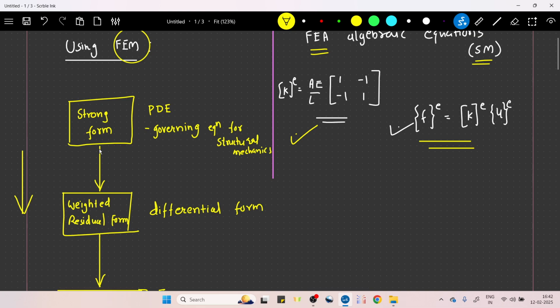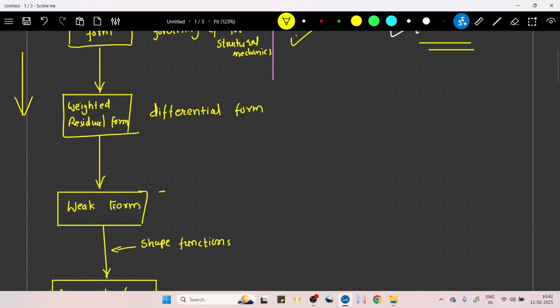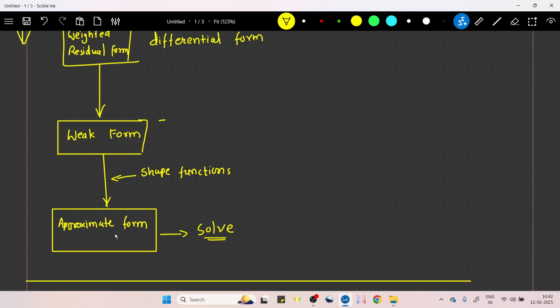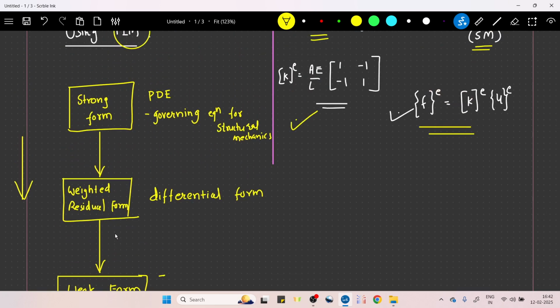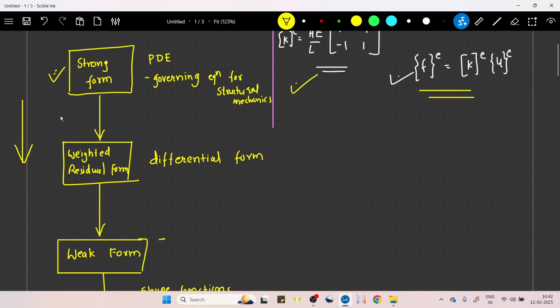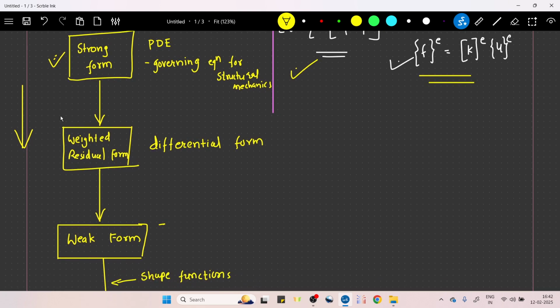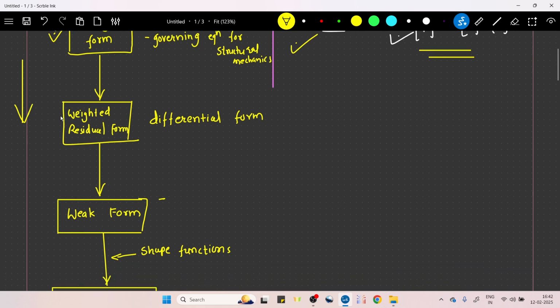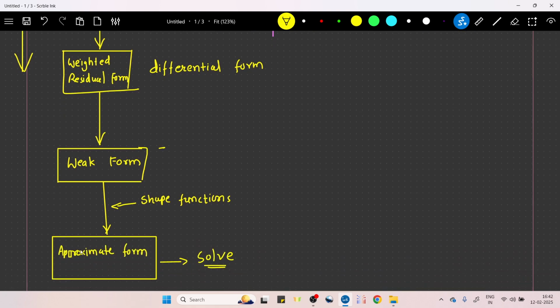These are the steps: strong form, weighted residual form, weak form, and approximate form. In this particular lecture we have seen the strong form, the partial differential equation, and the analytical solution for that. In upcoming lectures, it might need 3 to 4 or maybe 5 lectures to explain all these steps.